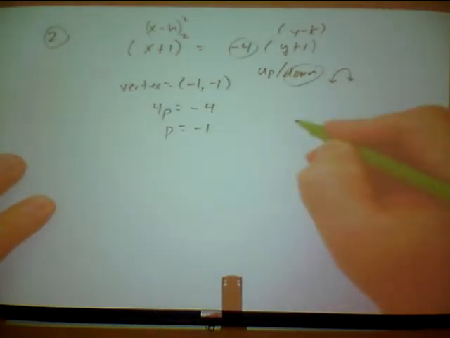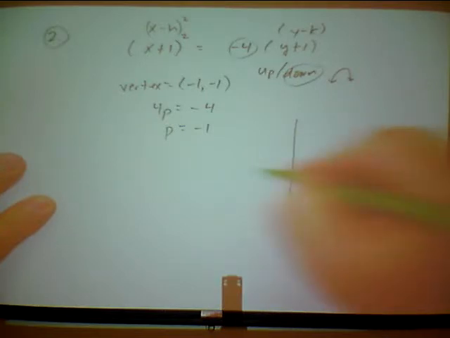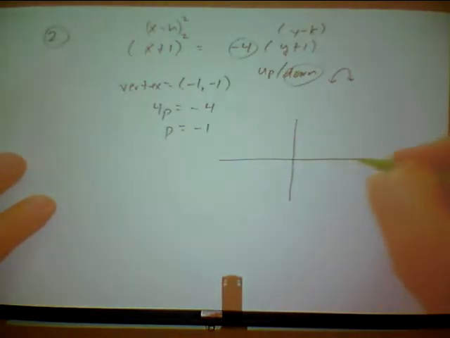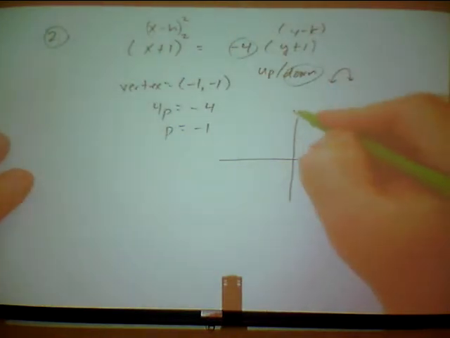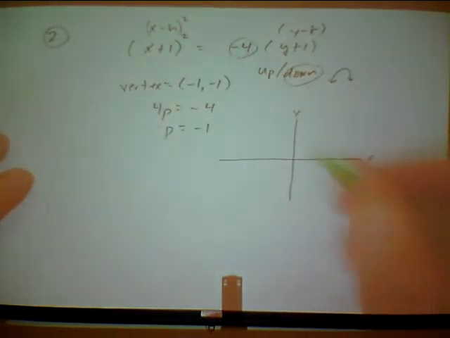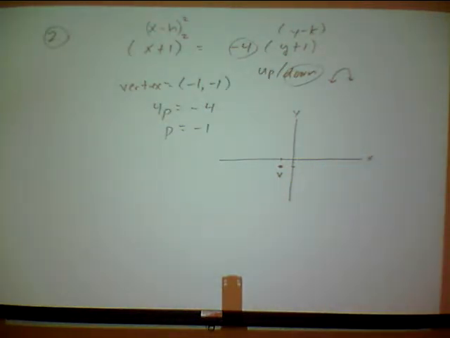So, my vertex is -1, -1. I'll label it vertex. Now I can always go and graph my focus point by looking at the value of p.